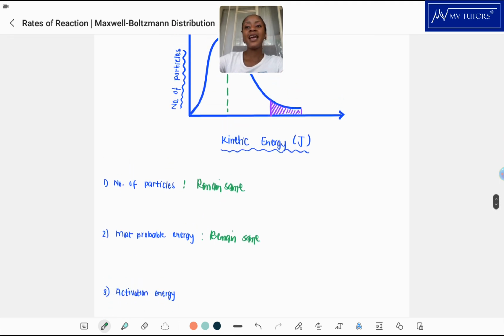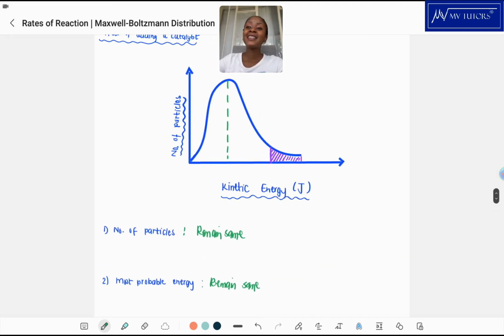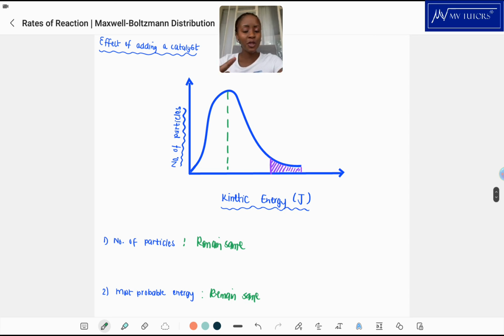And now the activation energy, so what the catalyst does, and you would know that if you look at your exothermic graph or endothermic graph, the energy versus time graph, you will see that the catalyst actually lowers the activation energy. Remember, so yes, it will lower it.